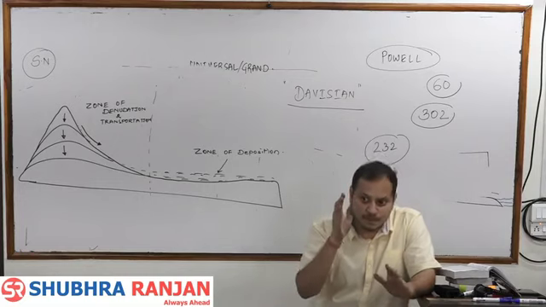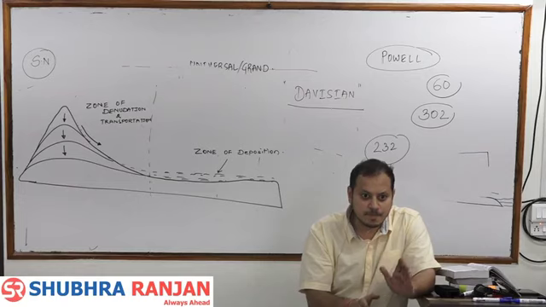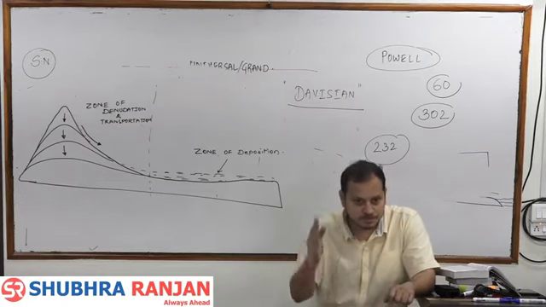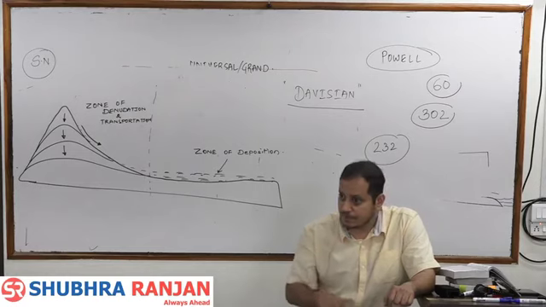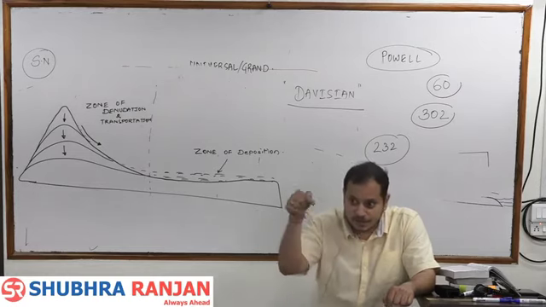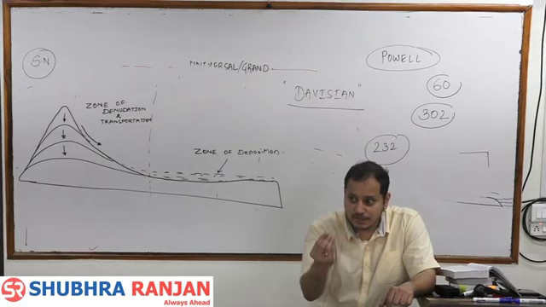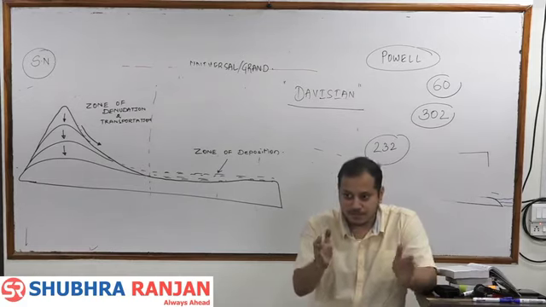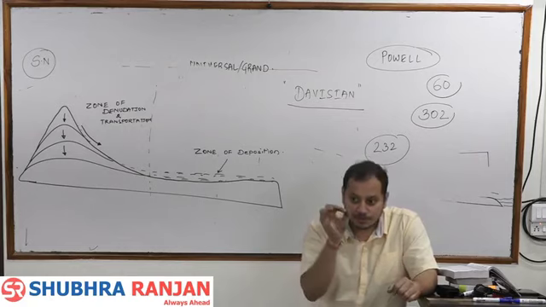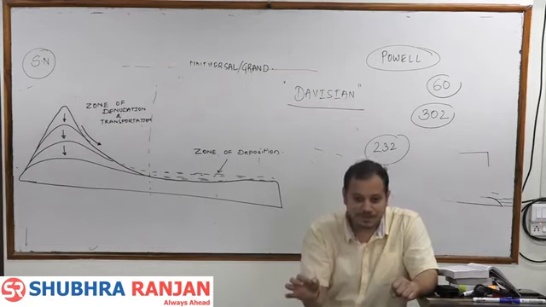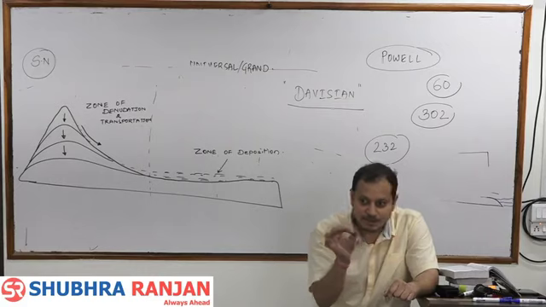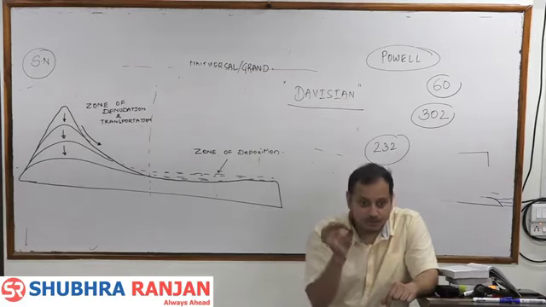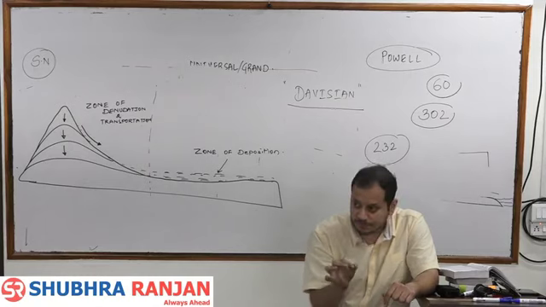Even if I keep two rocks, both of iron, one a purely rounded rock, the other having joints, which is going to get eroded first? Joints. Because water will go inside the joints and rust the rocks. Due to rusting, the gap will increase and thus weathering will be fast. So what is the most important factor? Neither process nor time but structure. That is why at some point the Aravalis have not yet been eroded. Fine?